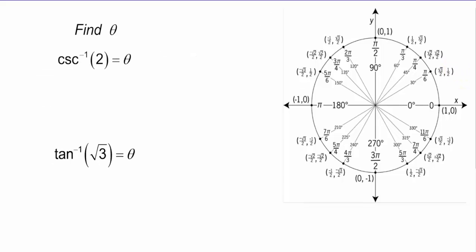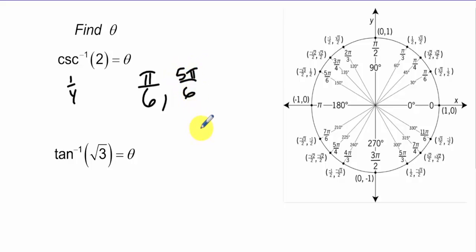Now, if I ask you again, where do I have a y value equaling one half, then I'm looking for y values of a half. And you'll notice I have one at pi over 6, and I have another at 5 pi over 6.